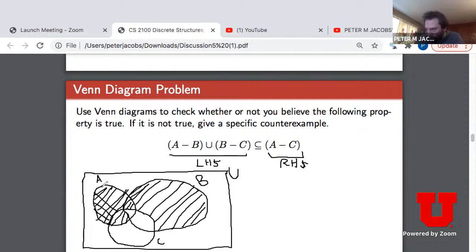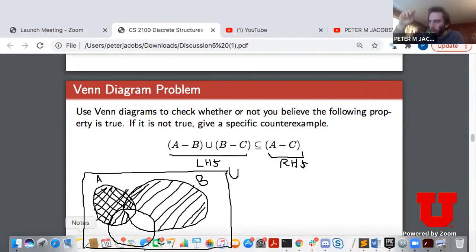So those diagonals going downward, that's the right-hand side, and the diagonals going upward, that's the left-hand side. And then we want to ask the question, is the left-hand side a subset of the right-hand side?